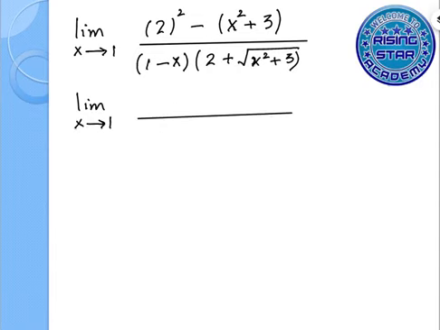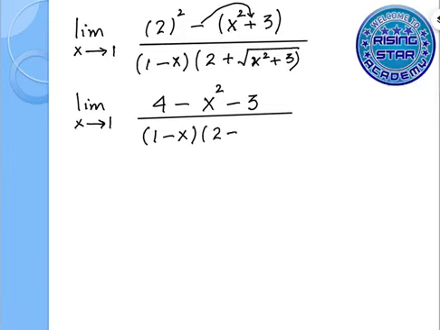Square of 2 will become 4, and when I remove the bracket, due to the negative sign that is outside, the inner signs will be changed. That would become negative now. The denominator would be written as it is. In the next step, I will simplify.